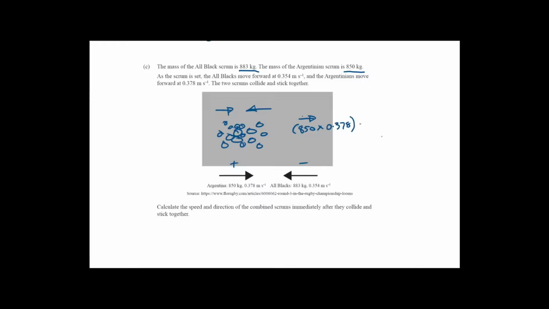And that's going to be minus what the All Blacks are moving in the opposite direction, which is 883 kilograms times 0.354 meters per second. Which one is going to win?